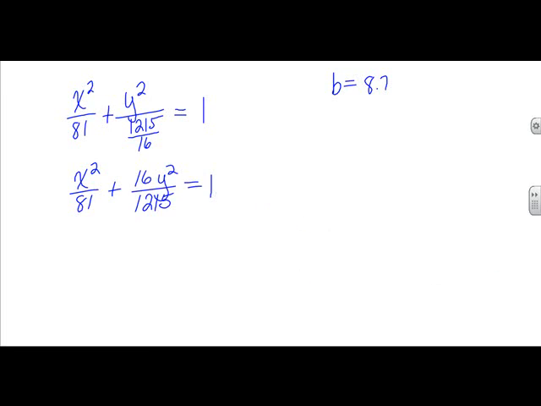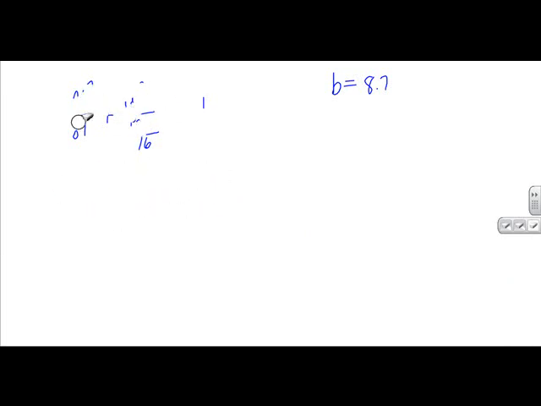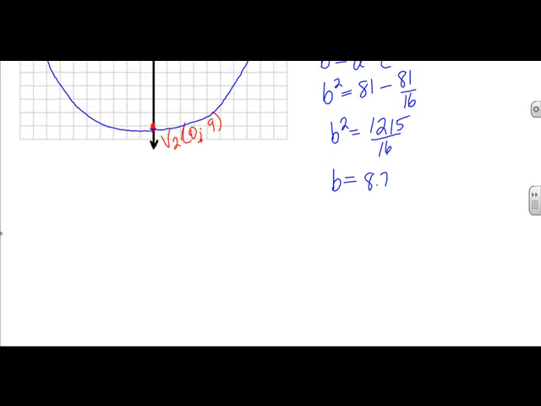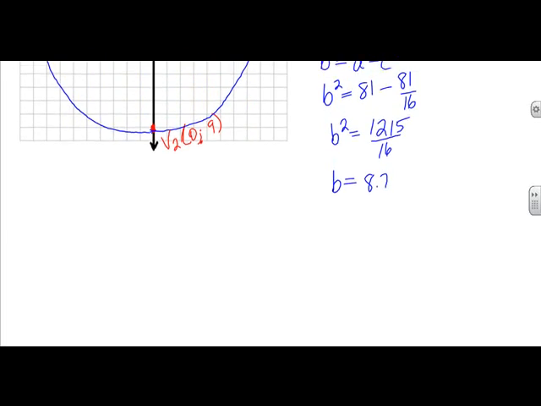Okay, that's actually not right, that equation. All right, x squared ought to be over b squared, 1215 over 16, and y squared should be over a squared.